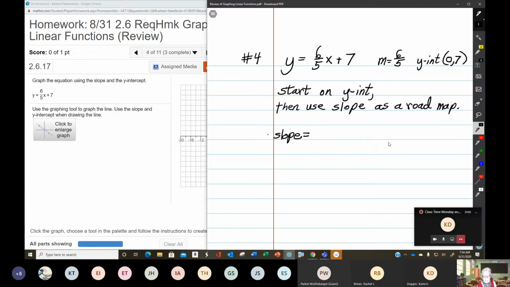What that means is that the slope is a ratio of the vertical change, or vertical movement, let's say that, vertical movement to the horizontal movement.